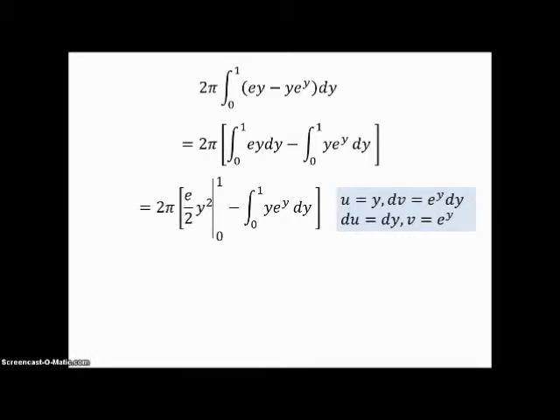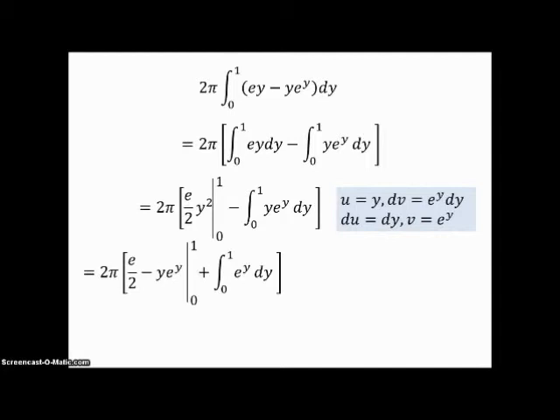Now we evaluate that first little thing, e over 2 y squared from 0 to 1, and get e over 2. And then by parts, we're distributing the minus sign, so we get minus uv, which is y e to the y from 0 to 1, minus minus, which becomes plus the integral from 0 to 1 of e to the y, which is v du, right?